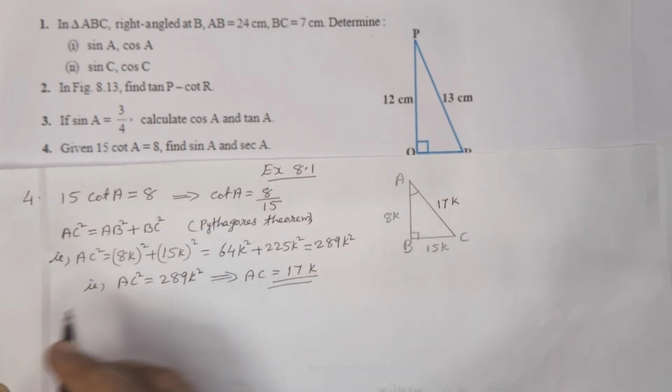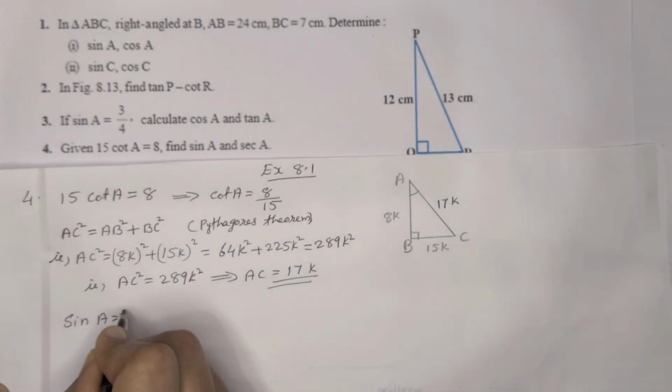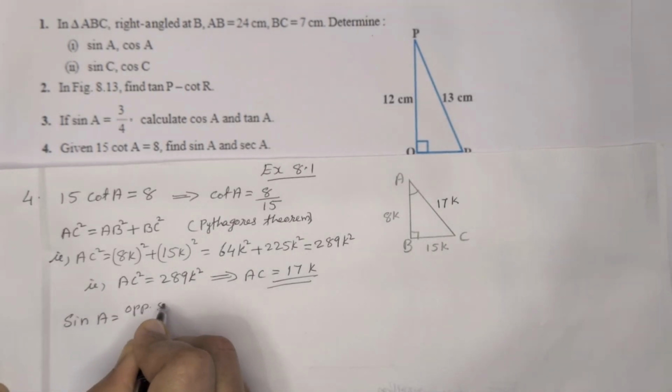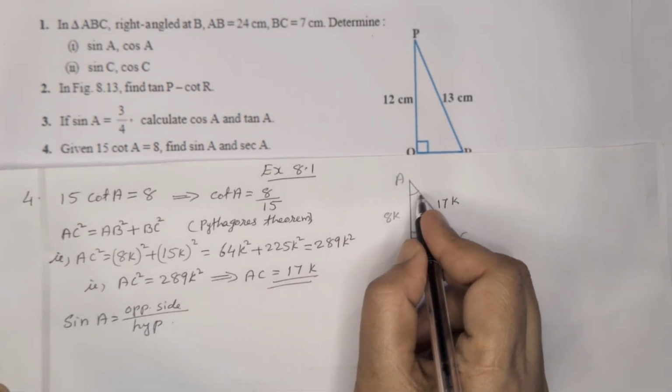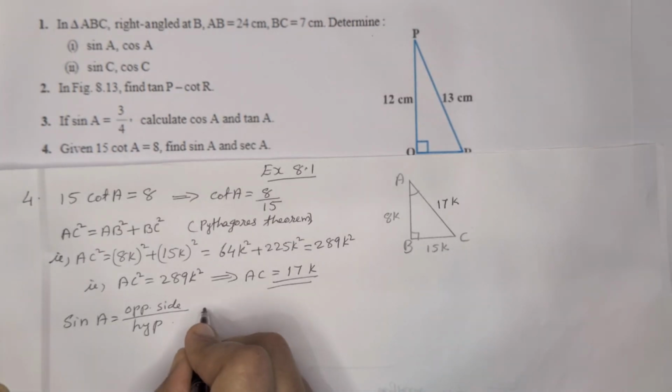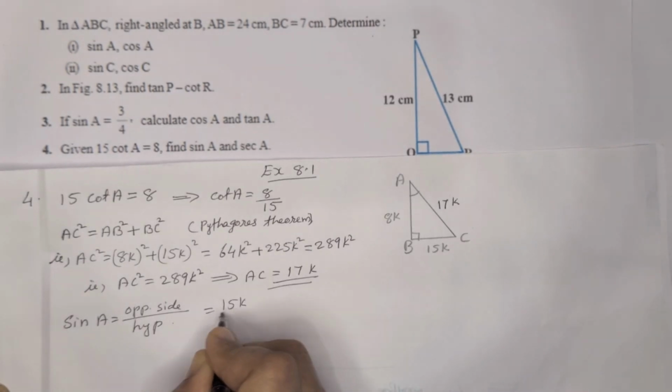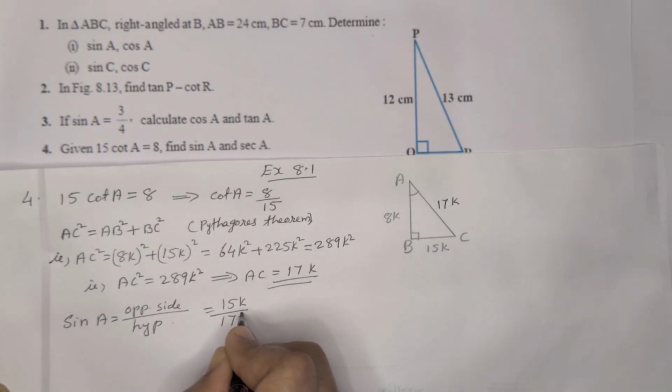First, sin A, based on angle A. Sin A means opposite side by hypotenuse. Based on angle A, opposite side is 15k divided by hypotenuse 17k.